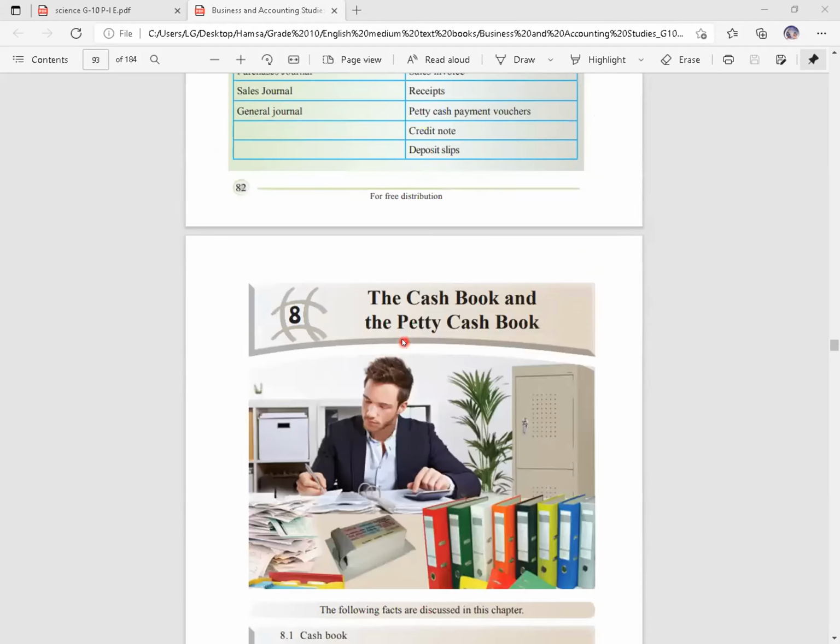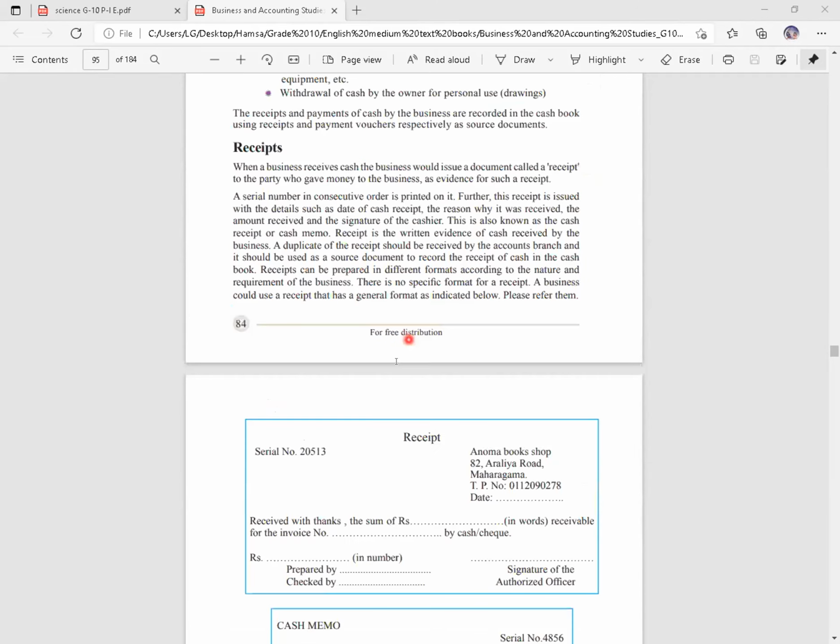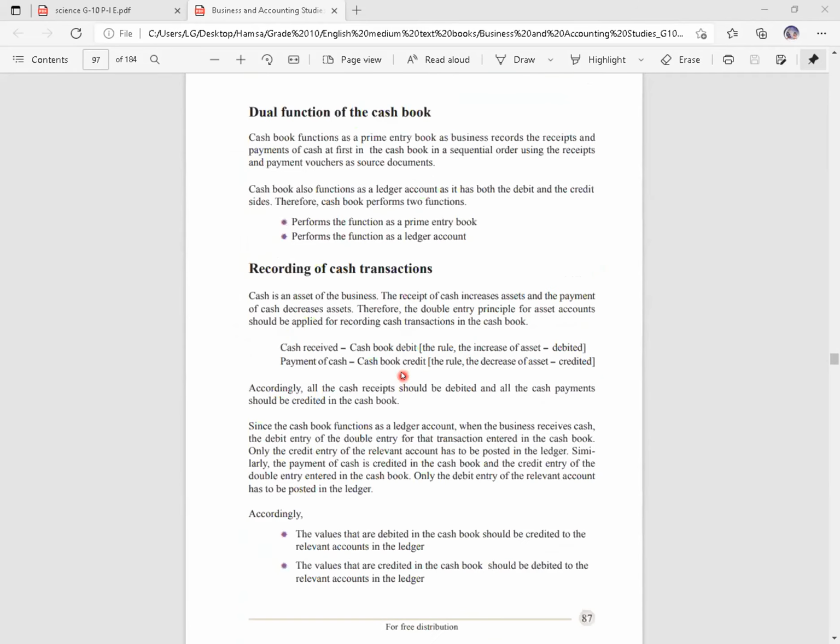If you have forgotten, please go through that. So the cash book is acting as a prime entry book as well as a ledger account. These are the dual functions, the two functions performed by the cash book. It performs a function as a prime entry book and as a ledger account.